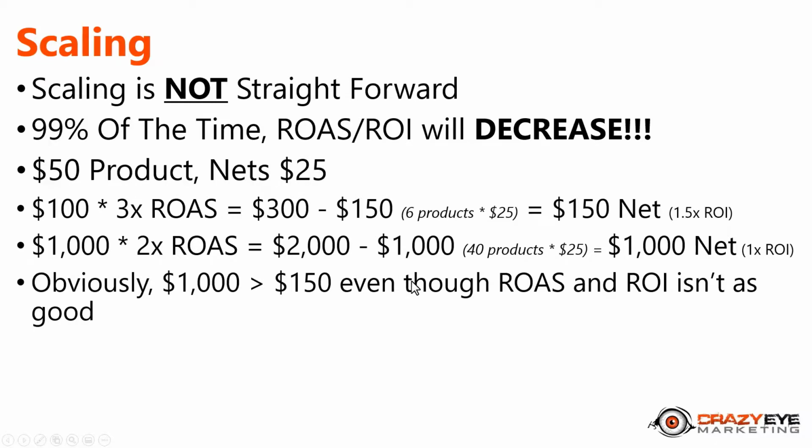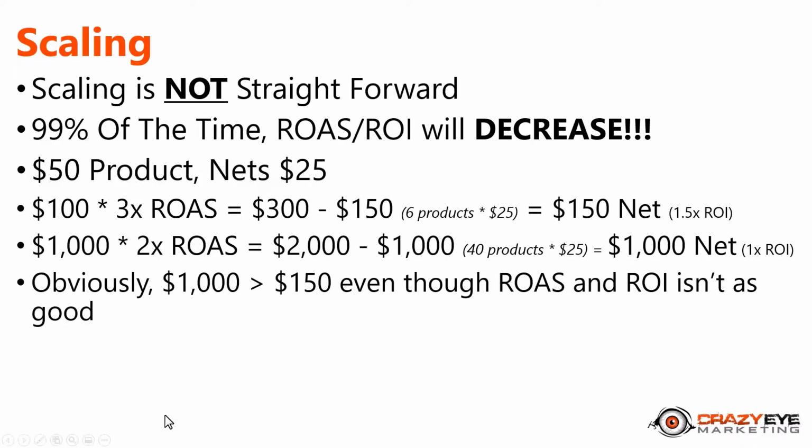So that's what you have to pay attention to, the bottom line. When you're scaling, pay attention to the bottom line dollar amount of what you're bringing in. If it's greater than what you were bringing in previously, even if your ROAS or ROI is worse, you're doing better, okay? If your bottom line is bigger, you're doing better.